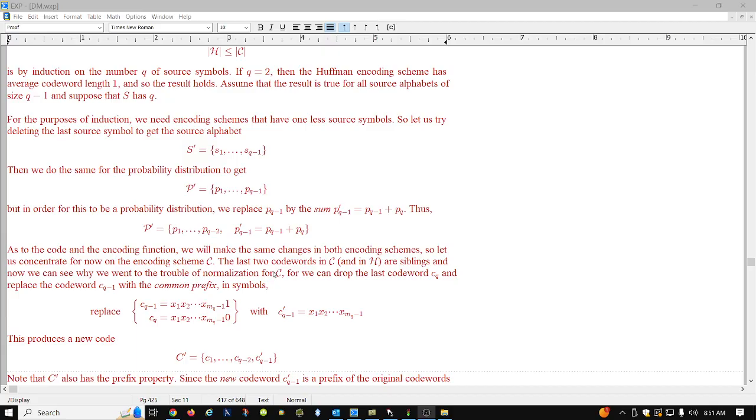So here are the two code words. They're identical, same length, identical except in the last bit. We can replace both of these code words with the common prefix of the two code words.